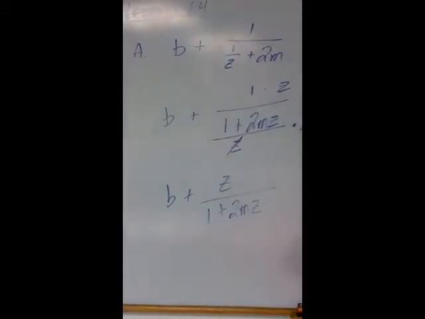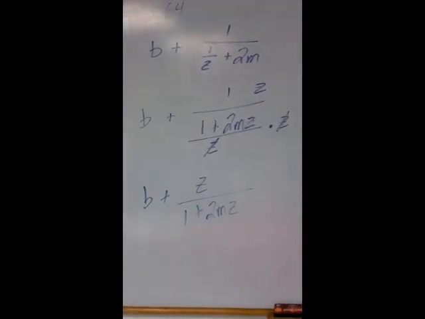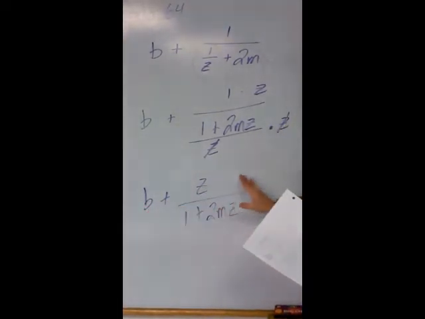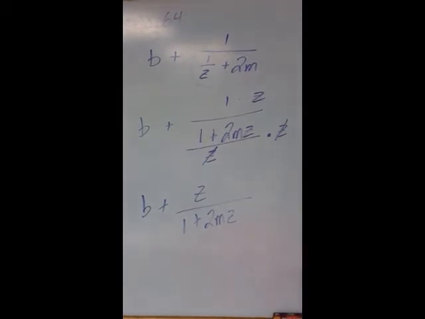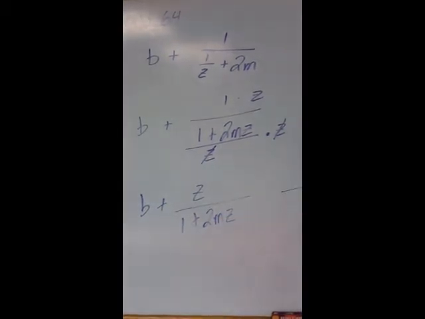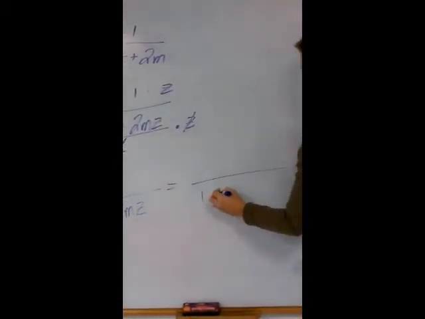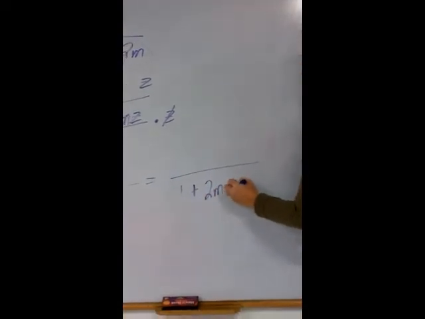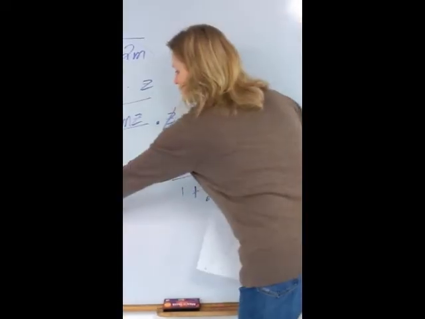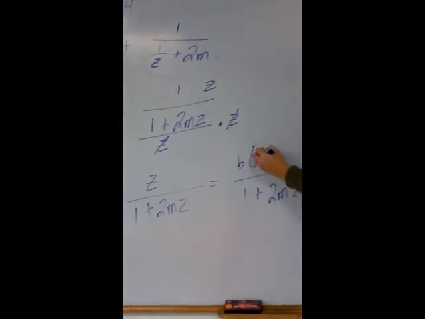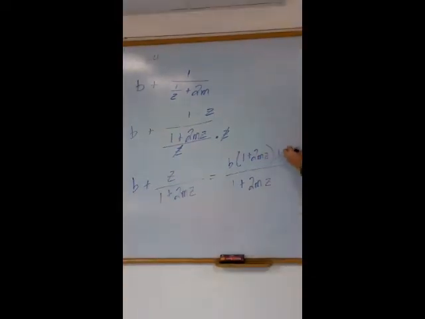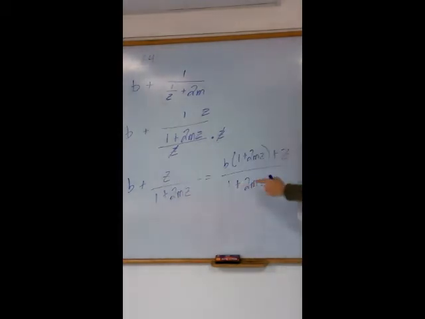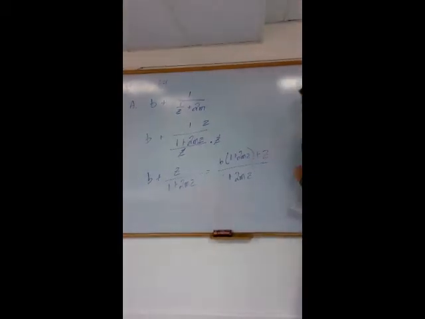2mz. Now, we have 1 step left. We still have a mixed number that we're going to get a common denominator for. And so our common denominator will be the 1 plus 2mz. So we'll need to multiply the b times the 1 plus 2mz and add this z to it, which already has that denominator.